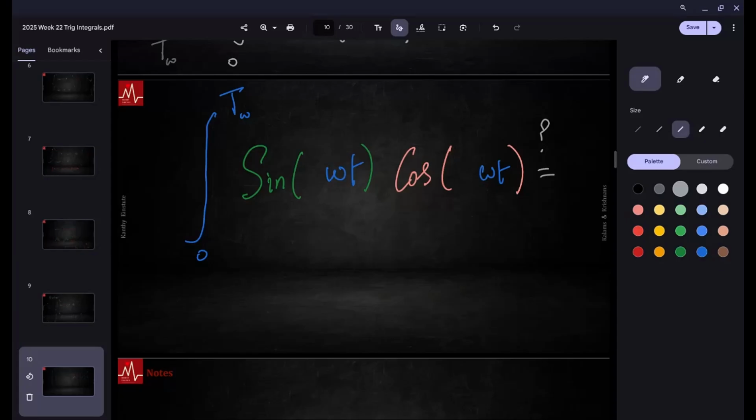I need an answer with explanation. A brief explanation, maximum one sentence of words. Sine omega t cos omega t.